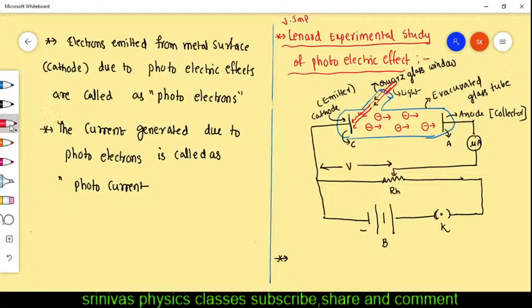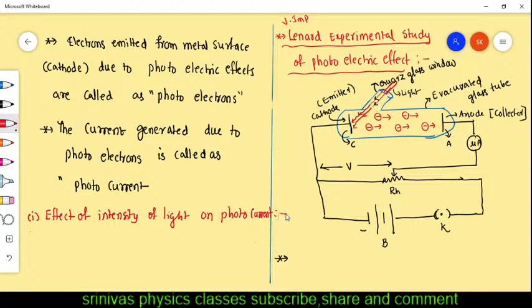Okay, right. Now I'm going to explain a few points on what factors the photocurrent depends. First one, very important point: the effect of intensity of light on photocurrent.